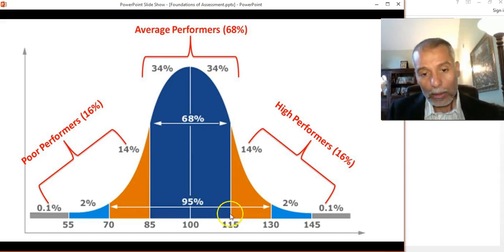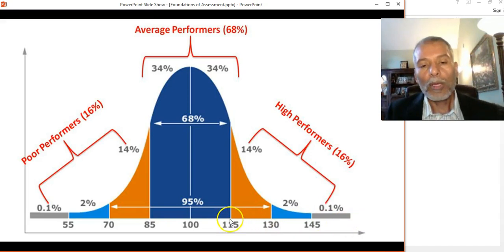So then, every step you move away from the mean, in this particular test, in this particular case, you're going to move 15 steps. Most of the standardized tests do that. For every step you go to the right, you move 15, and then 15.